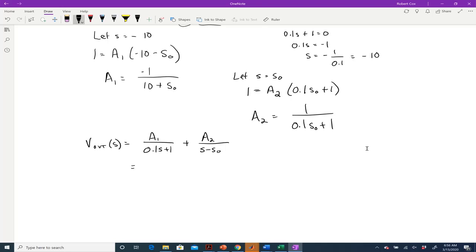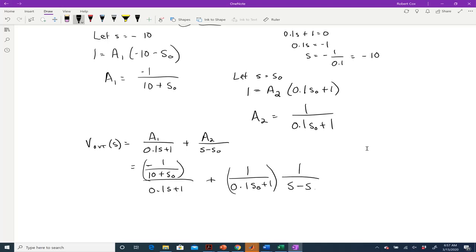So I plug my results in there. So I have negative 1 over 10 plus s naught over 0.1 s plus 1, plus, I'm going to write this as 1 over 0.1 s naught plus 1, that number, times 1 over s minus s naught. Okay?